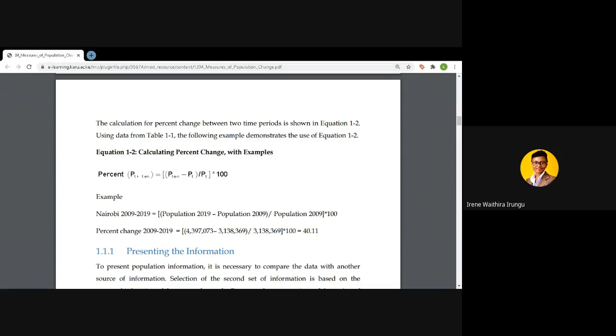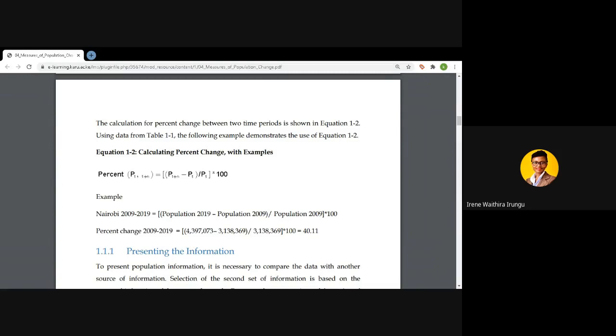So if we consider the population change of Nairobi between the 2009 and the 2019 census, then to be able to compute this percentage change, we simply take it to be the ratio of the total population change given by the difference between the population in the year 2019 and 2009 to the population in 2009.